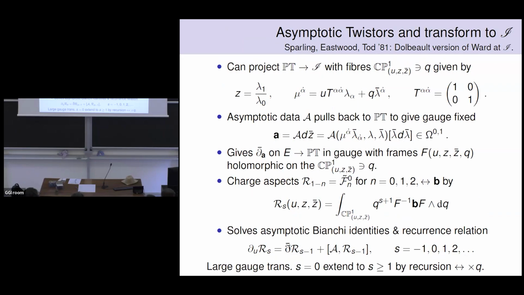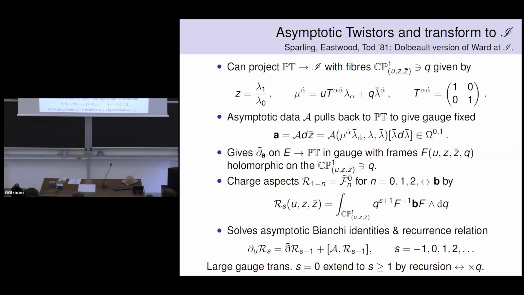And if you do that, then we could certainly pull back the asymptotic data to give you an example of little a. But you don't need to do that. That's just to emphasize that you can see stuff at null infinity in this.